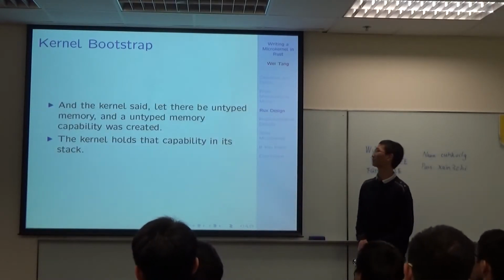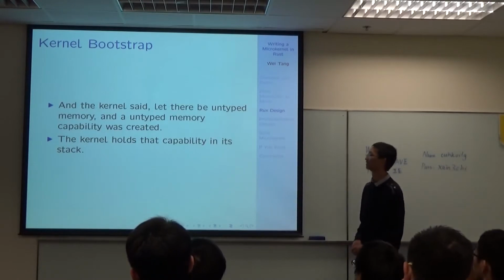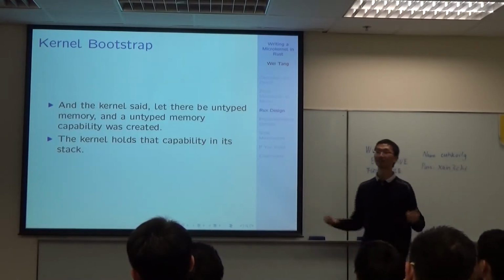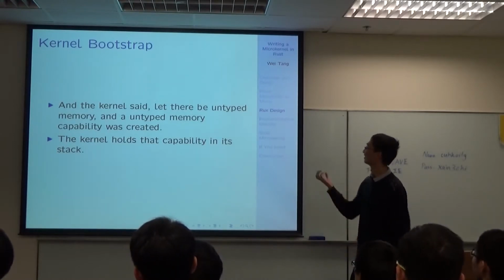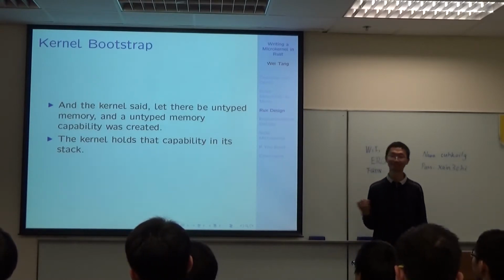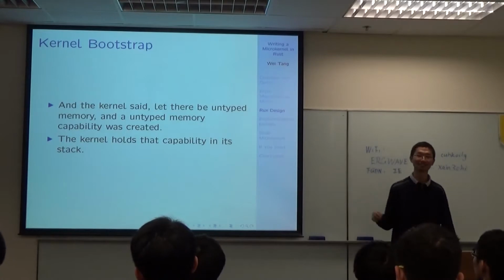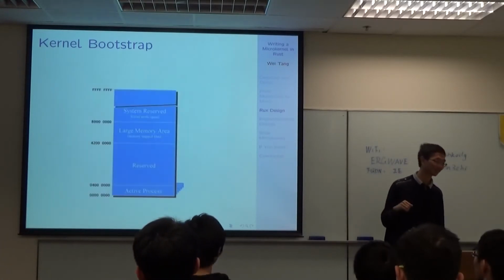So yeah, it first creates this untyped memory. In the beginning, you only get a kernel stack, so you put this capability in your stack. It's very small, just a pointer plus other relevant information.